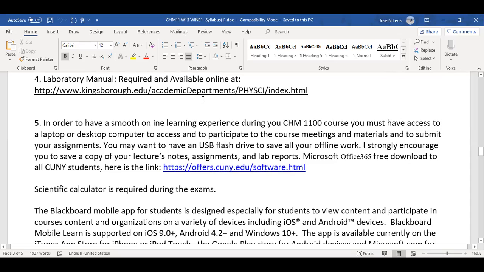So you go to the physical science department, and you click on lab manuals, and then you will find the CHM11 experiments, and you will have the list of all experiments, well, except 2. But these 2 that are not there or are not updated, I already posted here on the Blackboard. I'll show you that too.